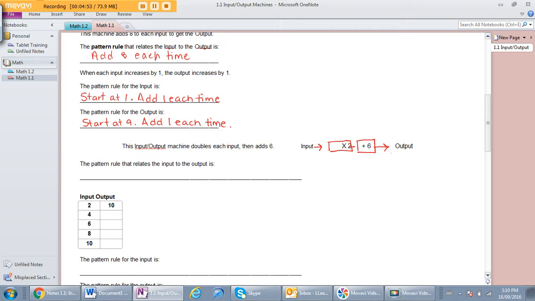If I want to think about what the pattern rule is that relates this input to this output, I'm simply restating what these operations are. So in this case, the pattern rule that relates the input to the output is to multiply by 2 and add 6.